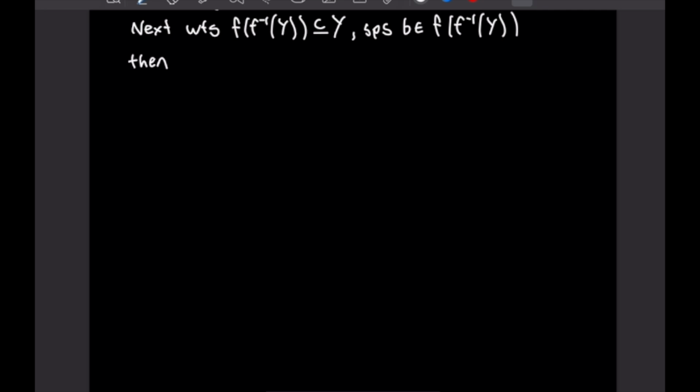So then there must exist some element A, which is in the pre-image of Y, such that we have f of A is equal to b. But because A is in the pre-image of Y, we know f of A will be in Y. So thus we have that b is in Y, which completes our reverse inclusion.